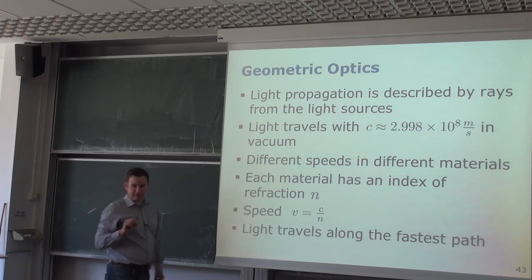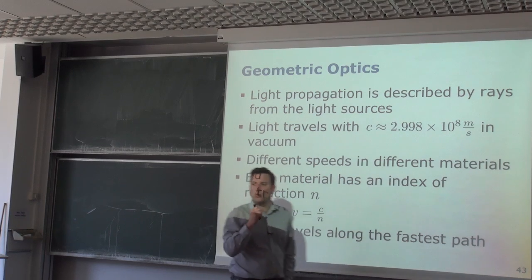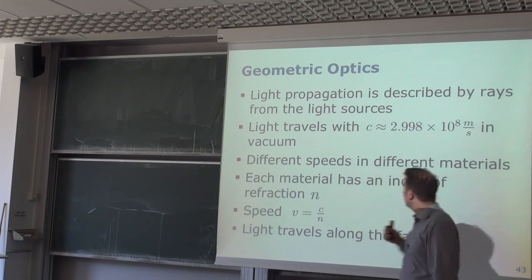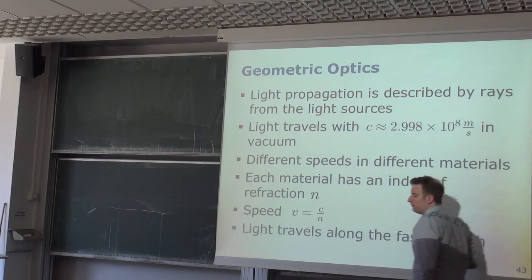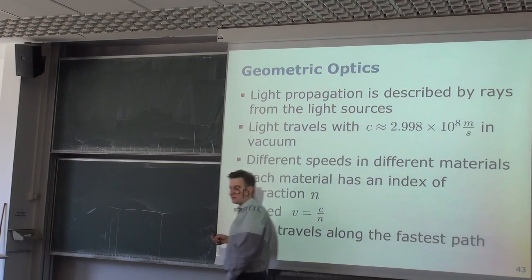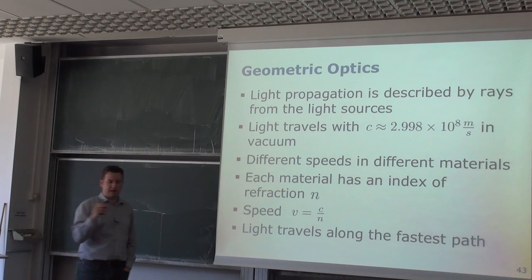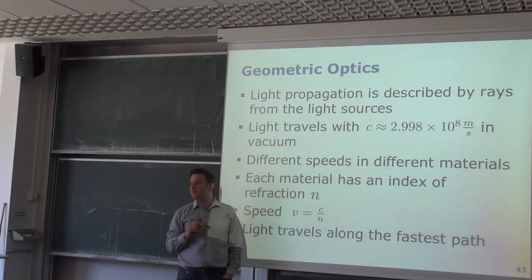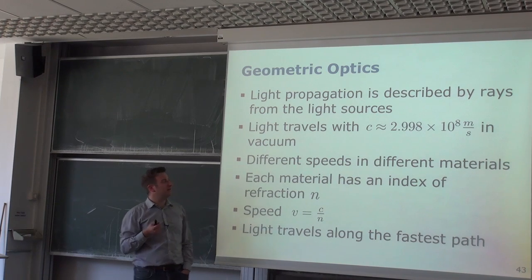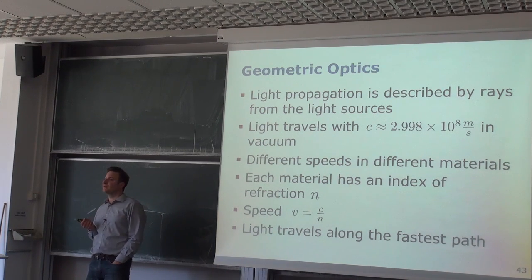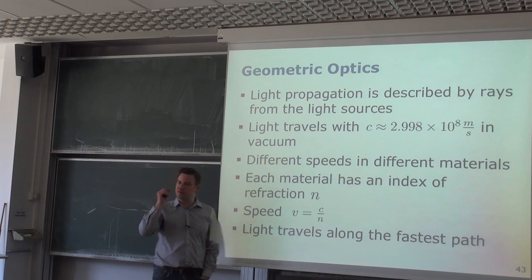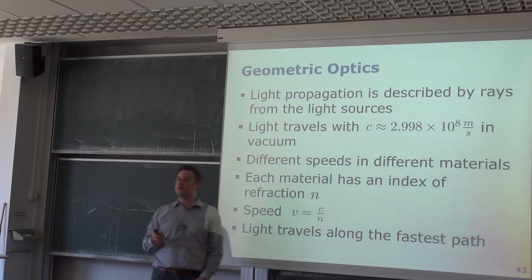So light travels along those rays, and we have a speed of light, which is approximately 3 times 10 to the power of 8 meters per second in vacuum. In other materials, the light travels at different speeds. This depends on the refraction index, which depends on the material. It's 1 in vacuum.